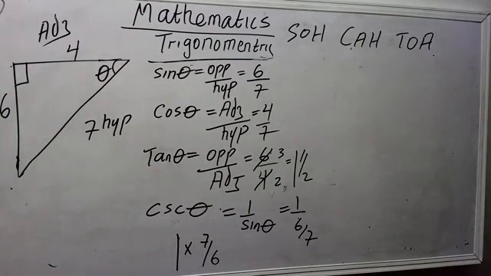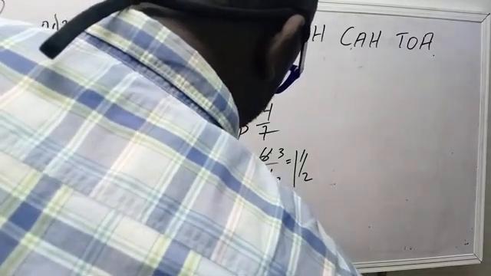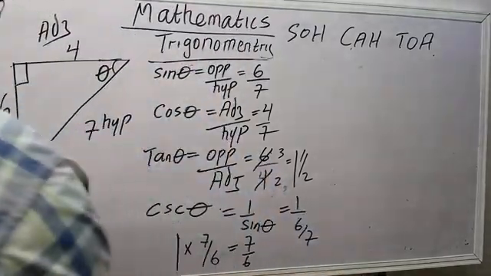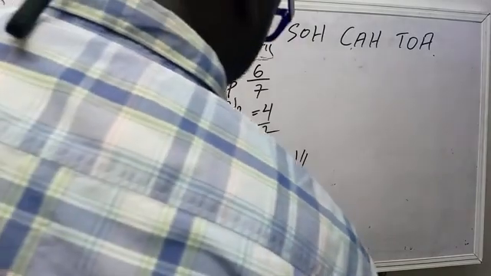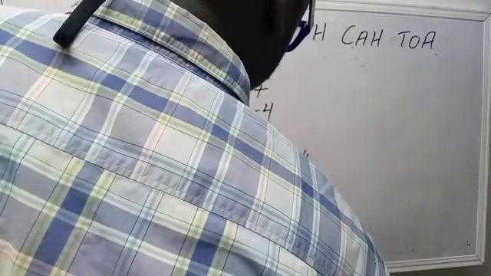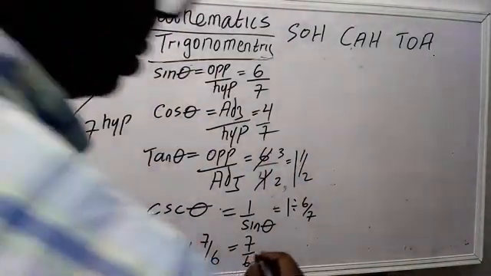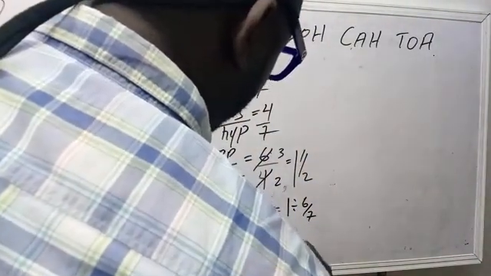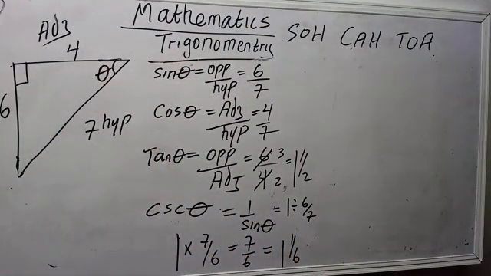The answer will now be 7 over 6. The answer means what? You can divide: 1 and 1 over 6. 1 times 6 gives you 6, 6 plus 1 gives you 7.